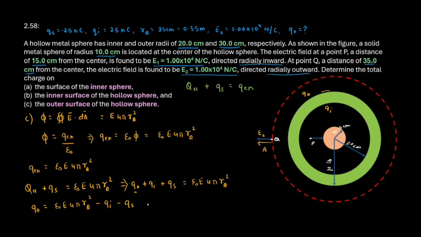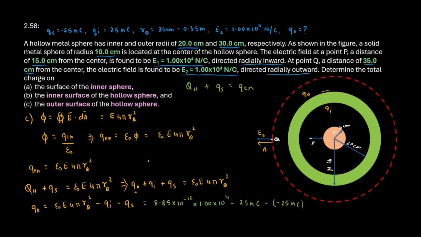Now let's substitute the values to get the final answer. Epsilon naught is 8.85 times 10 to the power negative 12. E is 1 times 10 to the power 4, minus charge on the inner surface, which is 25 nanocoulomb, minus charge on the surface of the solid metal sphere, which is negative 25 nanocoulomb.